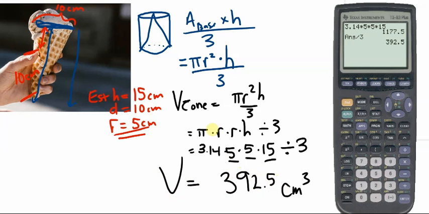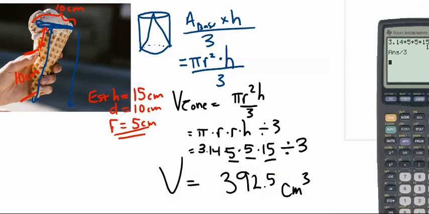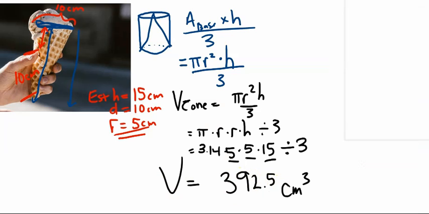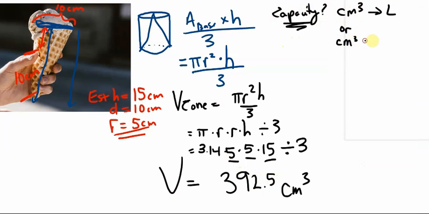But now we want to do capacity. Now capacity means typically in liters, all right? So what's the capacity? Well, we said in a previous lesson that capacity relates centimeters cubed to liters, or I can even convert centimeters cubed into milliliters.